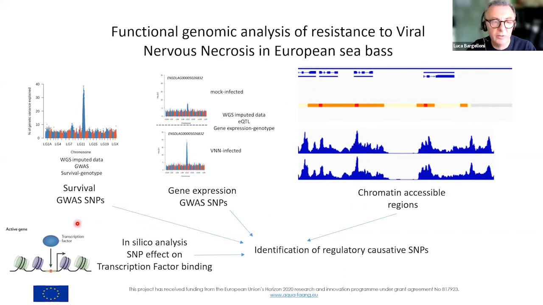And then what we are doing now is analyzing these open chromatin regions where the candidate SNPs are, to see if they have an effect on transcription factors, which are the proteins regulating or repressing the expression of genes. So ideally, this integrated approach should produce putative causative SNPs in this region.